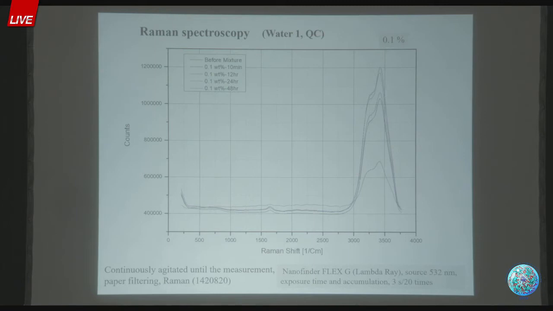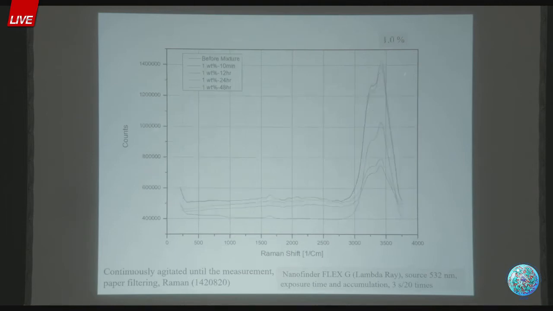So it means that the scattering had been reduced in this case. And I repeated the same experiment with 1% concentration. In this case, again, there is a little increase at the beginning, and then at 24 hours and 48 hours it is decreasing. So the scattering is continuously decreasing.